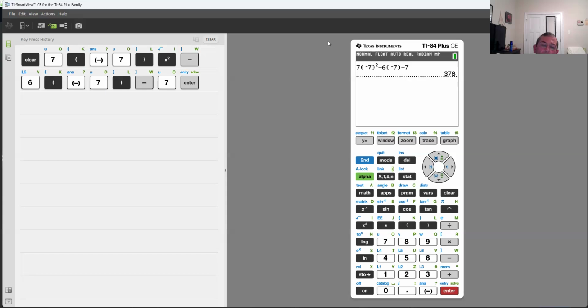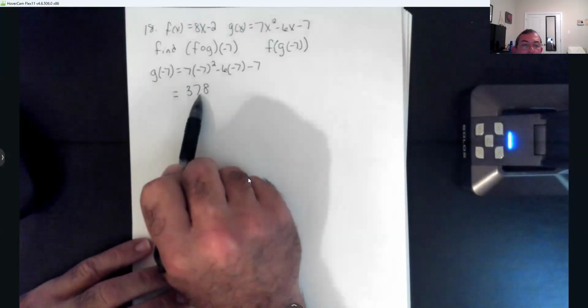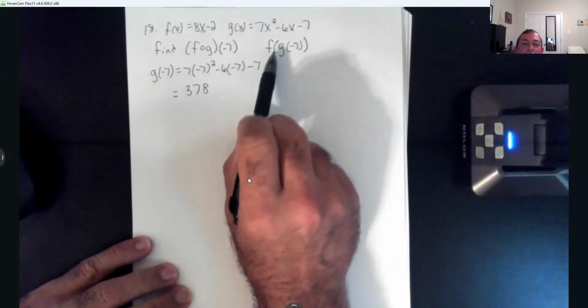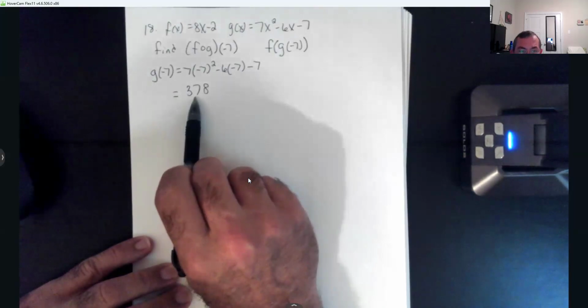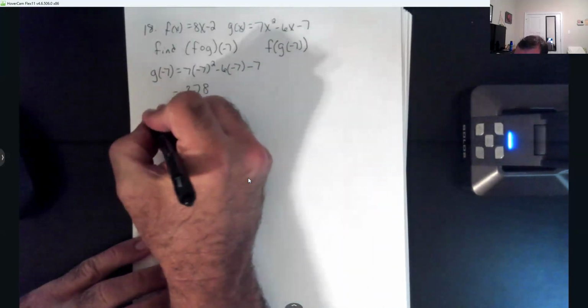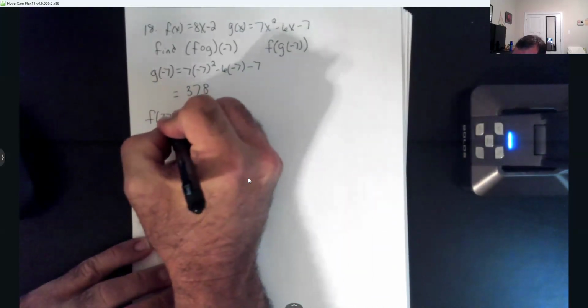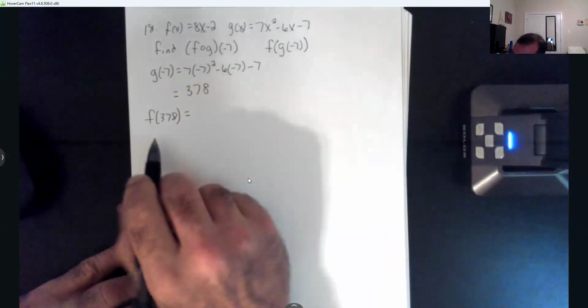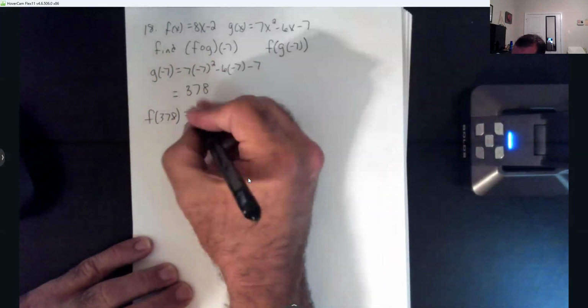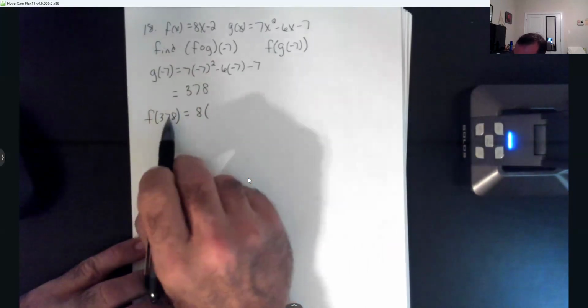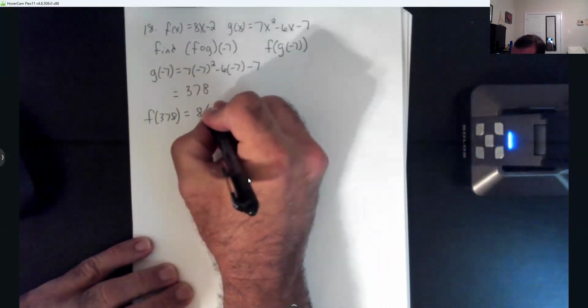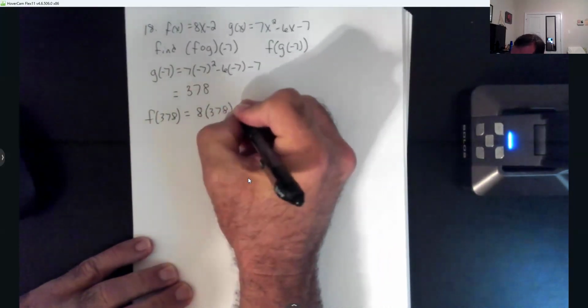So now we're going to go back to our paper. Since G of -7 equals 378, we now need to find F of 378. Woo, y'all, that's a big number here because look, I got 8 times 378 minus 2.